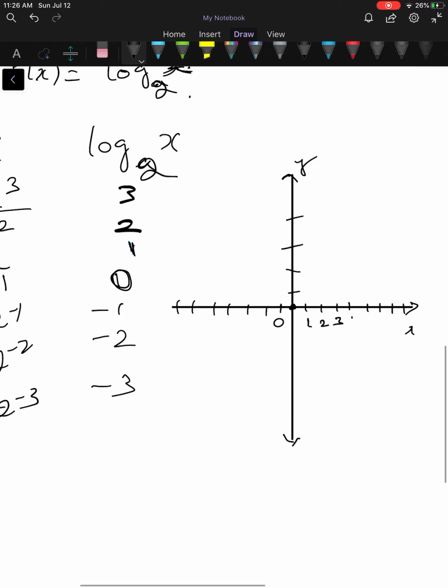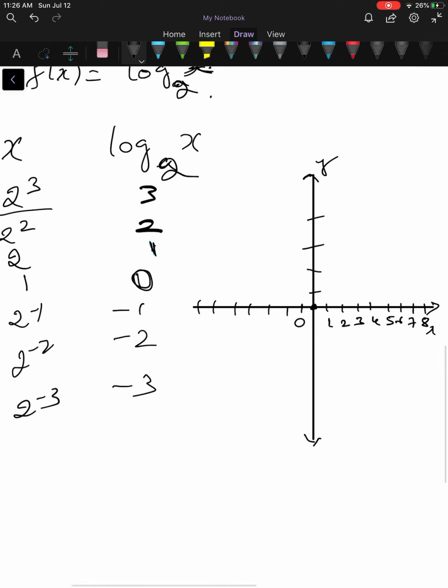For input value 8, the output value is 3, not 2, so the point will be here. For 4 it is 2, for 2 it is 1, and for 1 it is 0.